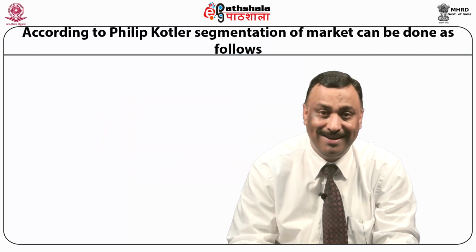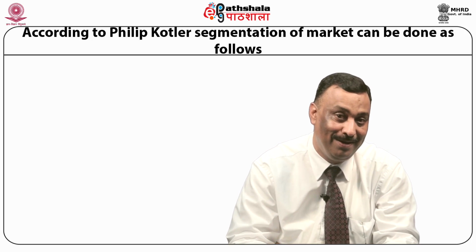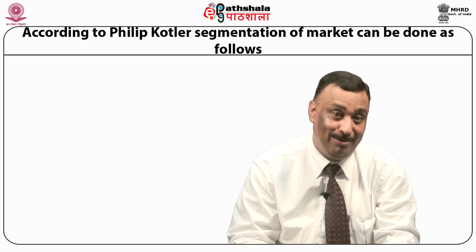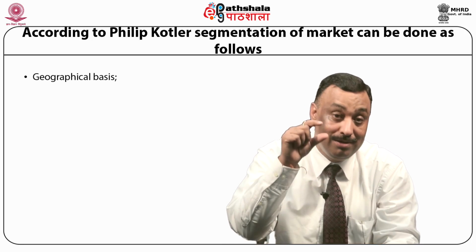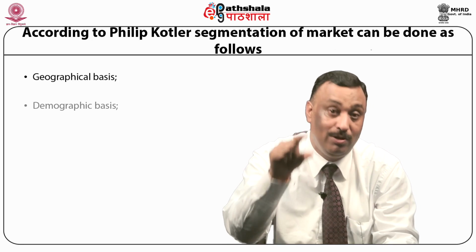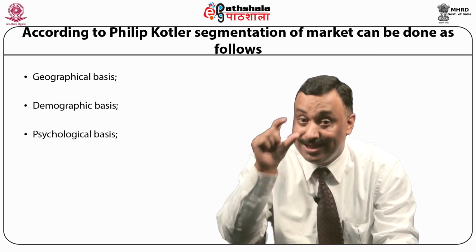Philip Kotler has devised the following bases to divide the market. The market can be divided on the basis of geographical segmentation, demographic segmentation, and psychological segmentation.